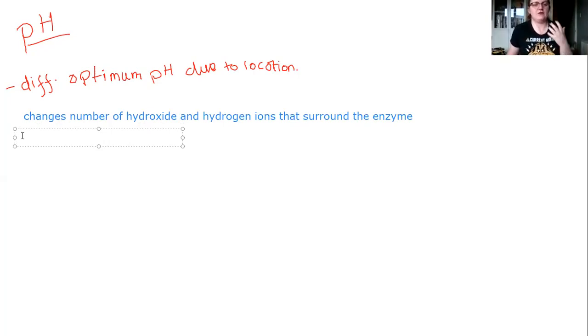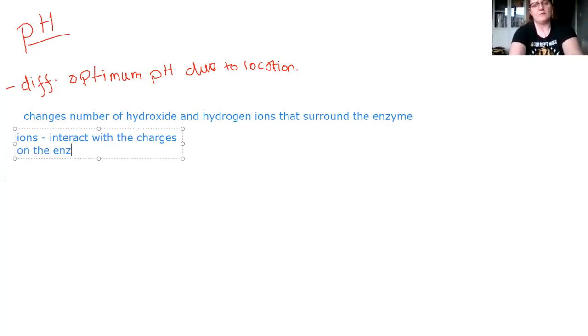So if we have different numbers of hydroxide and hydrogen ions, these ions will interact with the charges on the enzyme's amino acids. So we're now talking about those enzymes that have amino acids on them.